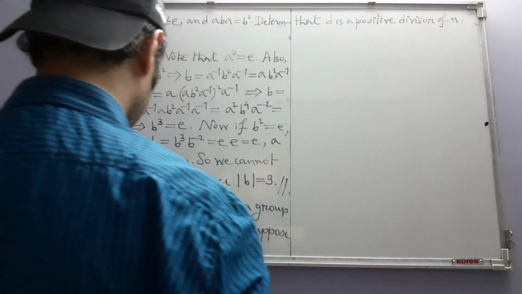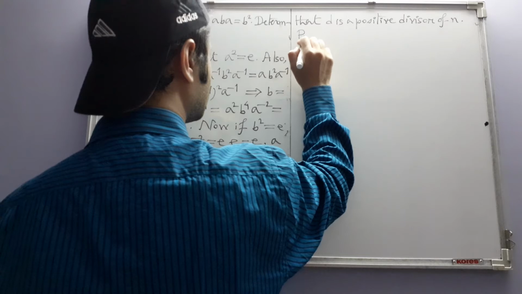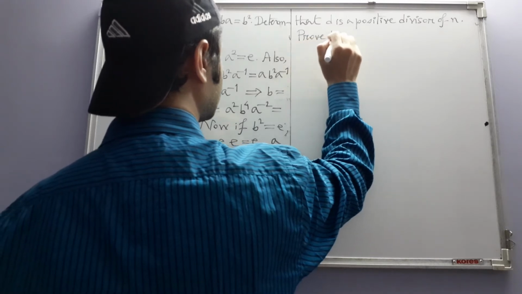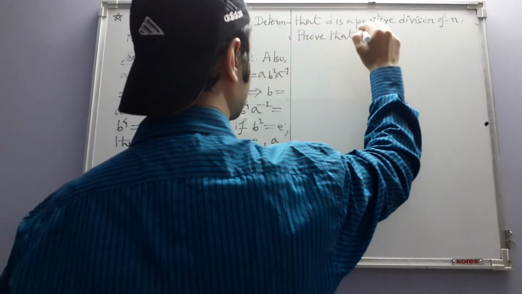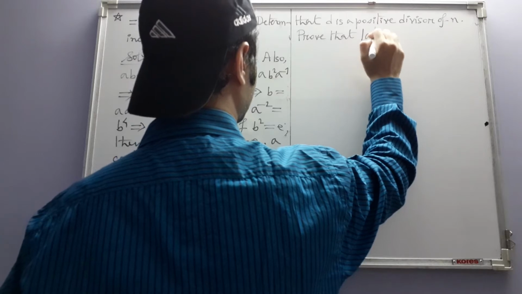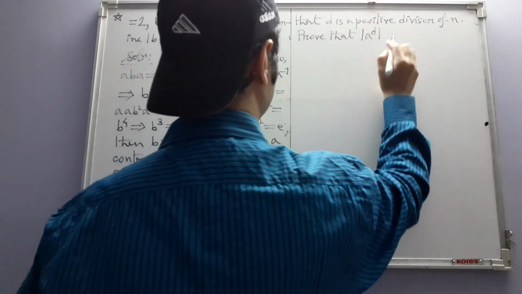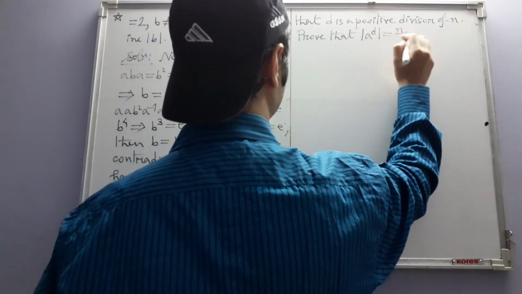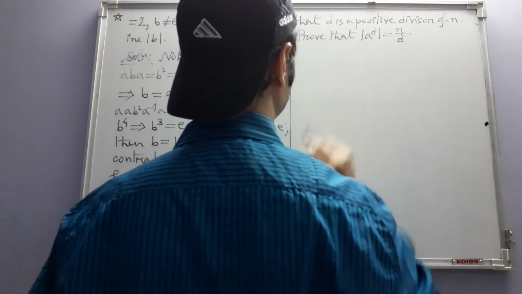Prove that the order of this power a to the power d is equal to n divided by d.